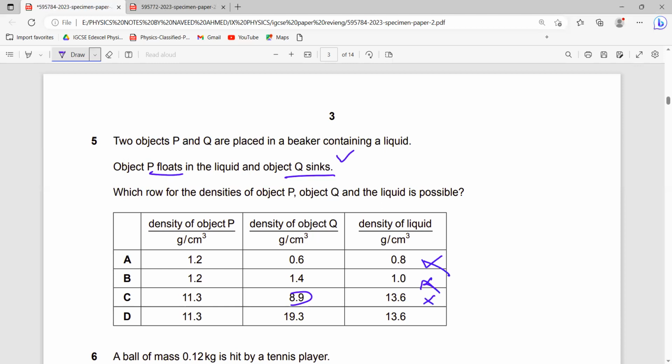We are left only with the fourth option, as it is greater than P and also less than Q. So D is the right option.